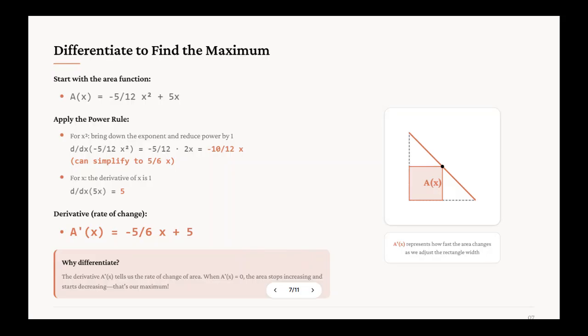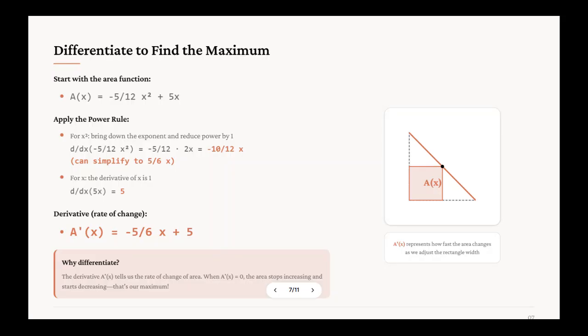All right, so let's get into the actual numbers. We are taking the derivative of A(x) is equal to negative 5 over 12 x squared plus 5x. Just using the power rule, we bring the 2 down from the x squared and multiply it by negative 5 over 12, which gives us negative 10 over 12, which simplifies to negative 5 over 6 times x.